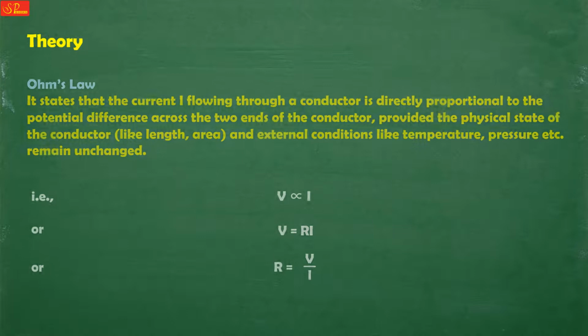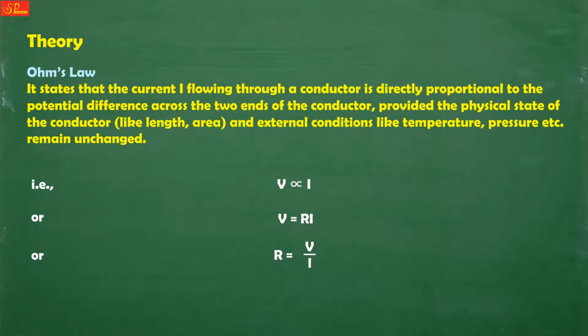Theory: Ohm's law. It states that the current I flowing through a conductor is directly proportional to the potential difference across the two ends of the conductor, provided the physical state of the conductor like length, area, and external conditions like temperature, pressure, etc. remain unchanged.